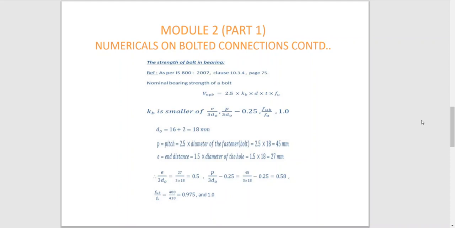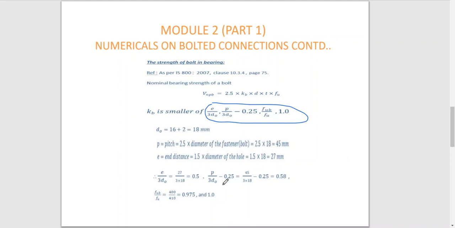Substitute these values, that is d naught, p and e, in these formulas. We get e upon 3d naught as 0.5, p upon 3d naught minus 0.25 equal to 0.58, fub by fu is 0.975, and one more is 1.